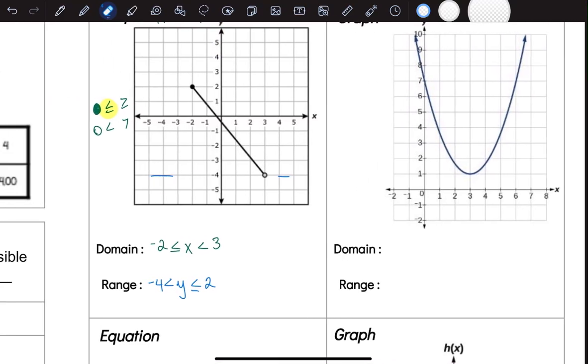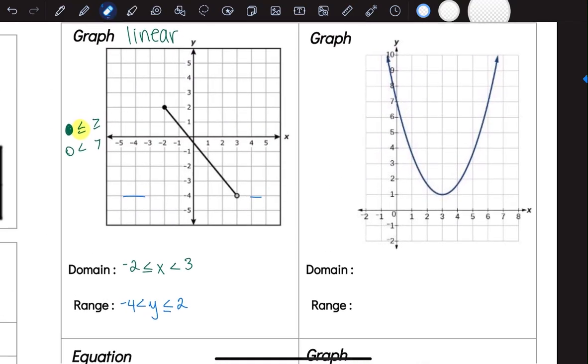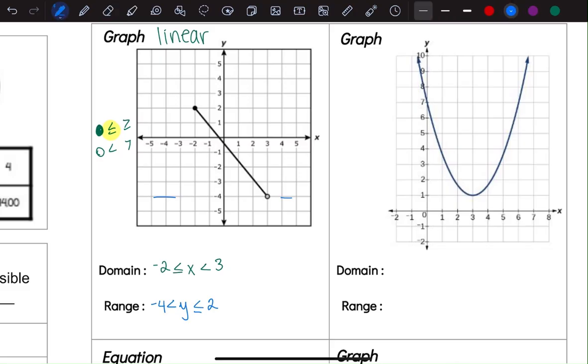Okay, for the next graph on the right side, we have a quadratic function. This quadratic function has arrows here and here. Anytime you see two arrows, that means that your domain is all real numbers.